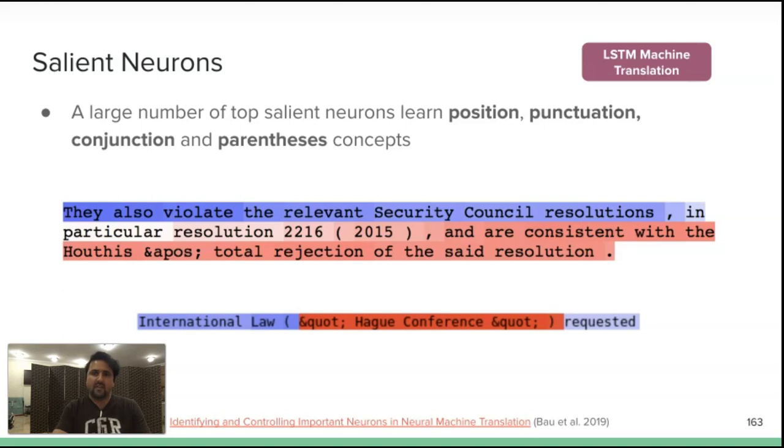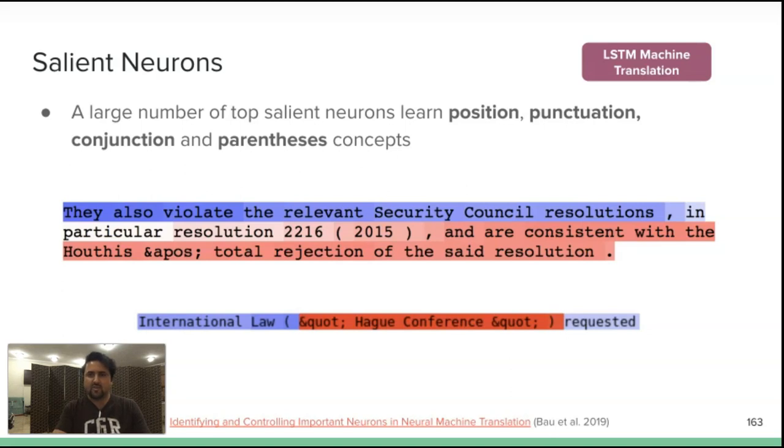They found that position neurons, which fire based on whether a word is at the beginning, middle or end of the sentence, are the most important neurons for the task of machine translation. And they found it consistently across different language pairs and different training runs. Other neurons that were most important were parentheses, punctuation and conjunction neurons.